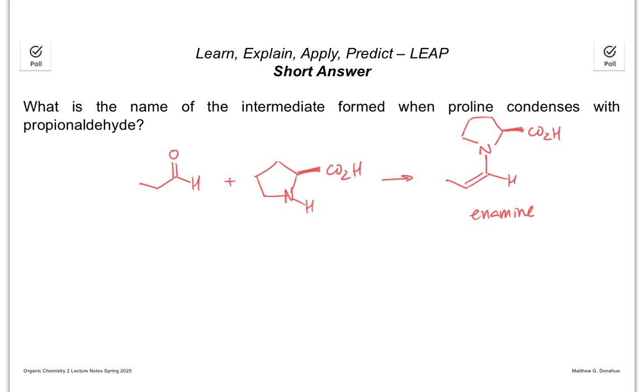So an enamine has a resonance form that sort of resembles an enolate. The nitrogen has a lone pair. Through resonance, we can put that lone pair on the alpha carbon.